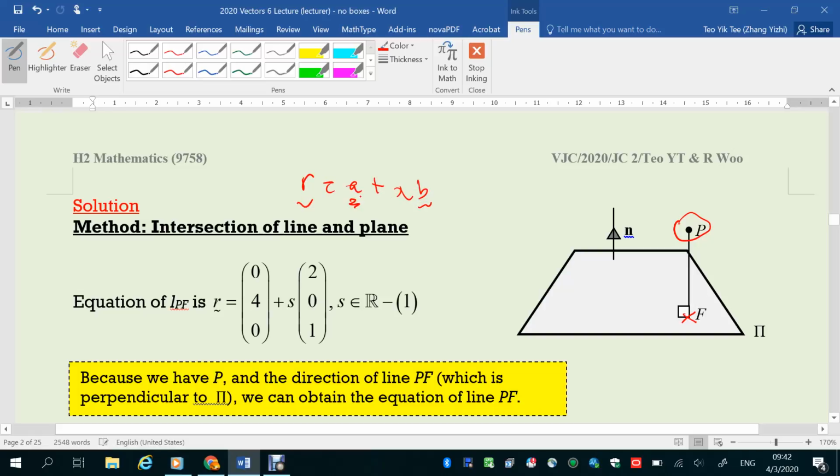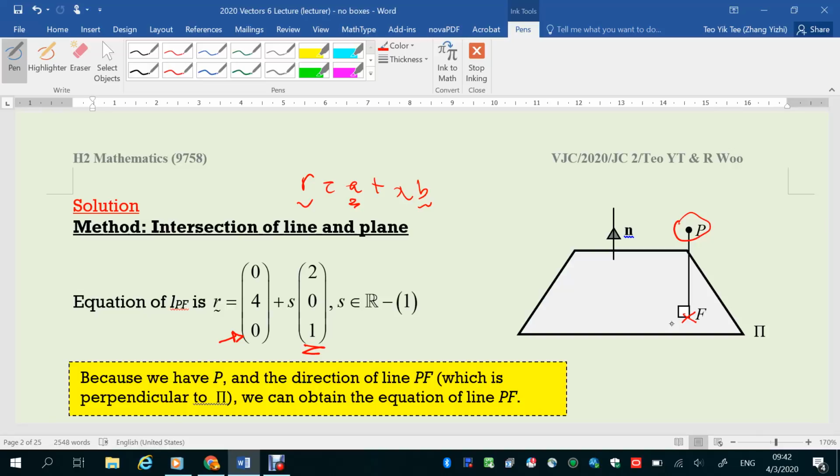So this a must be OP, a point on the line, which I use OP. And where is the direction of the line? The direction of the line is exactly the same as the normal vector of the plane. I say again, because F is the foot of perpendicular, PF must be perpendicular to the plane pi.